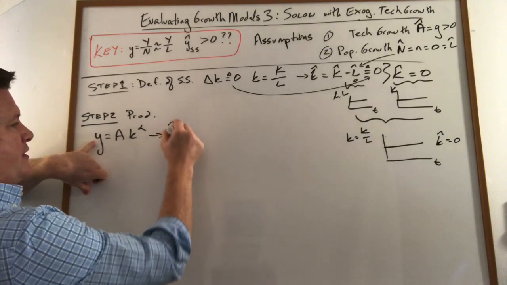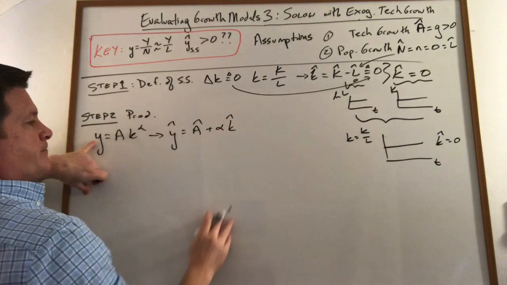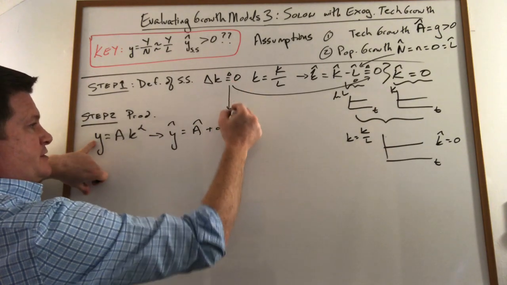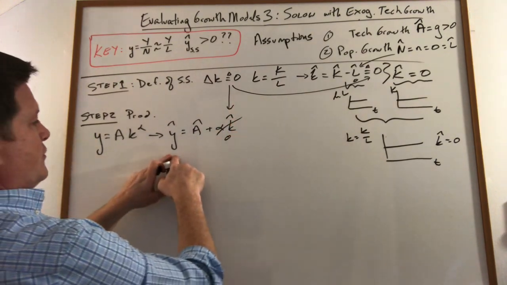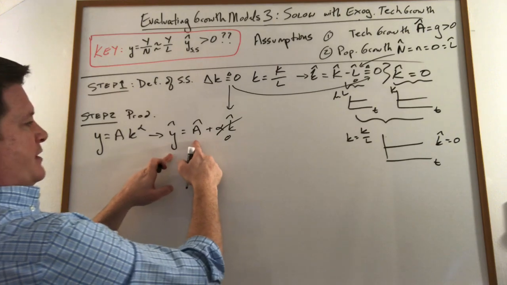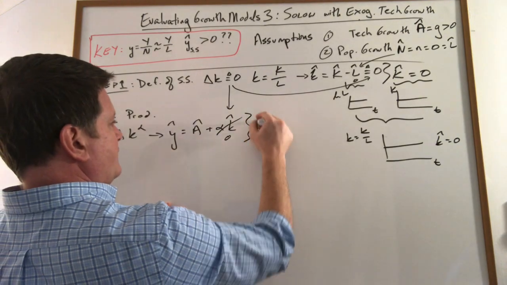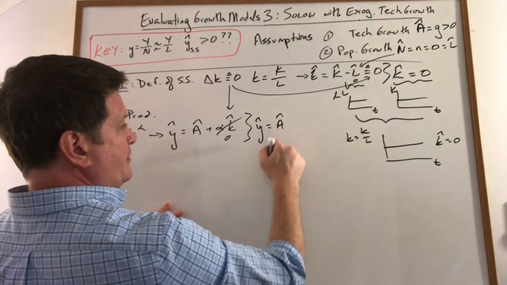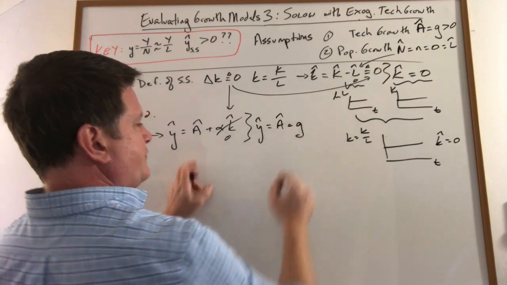So when we convert it to growth rates, we find this, by definition, is growing at 0. So these two must be growing at the same rate. So we have that GDP per capita, per worker, is growing at the same rate as technology, which is the growth rate G.